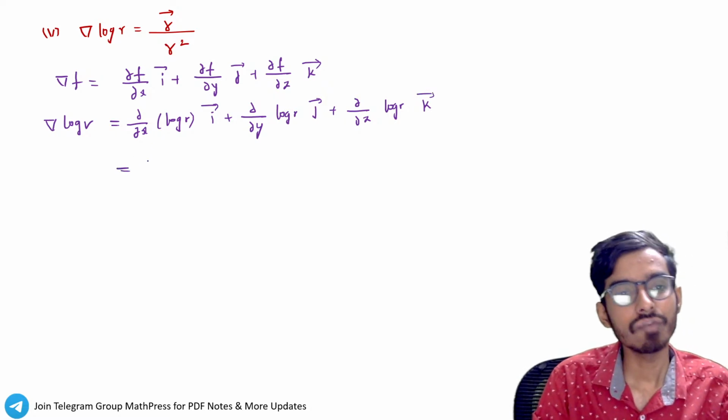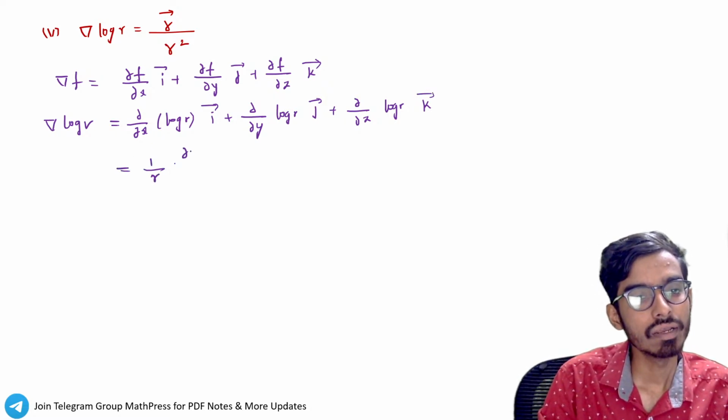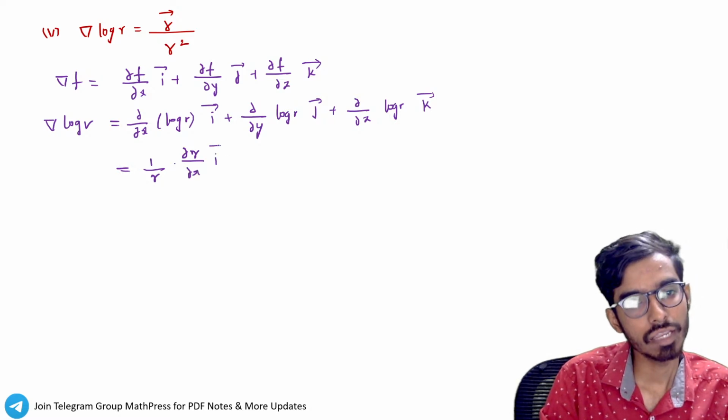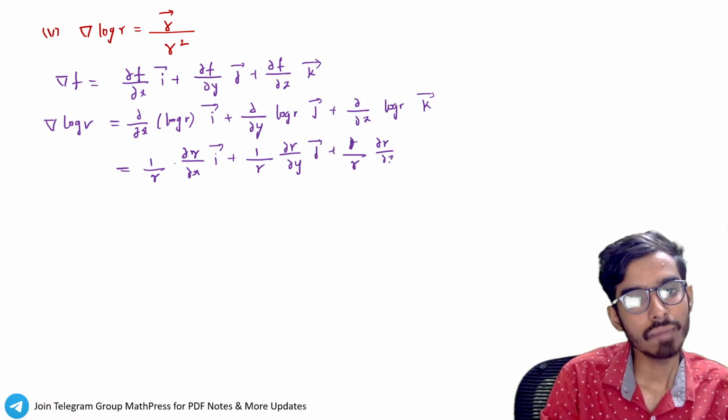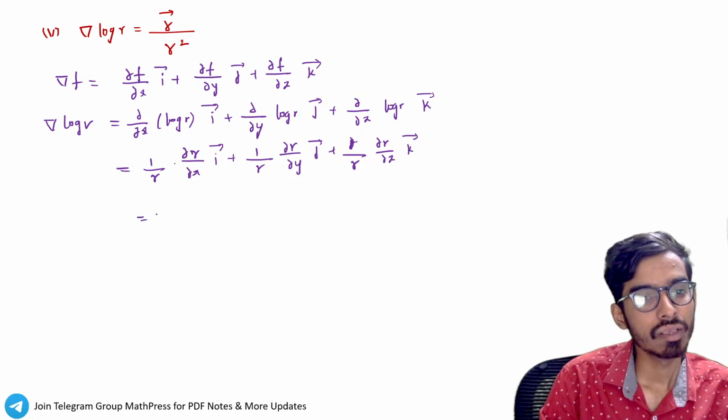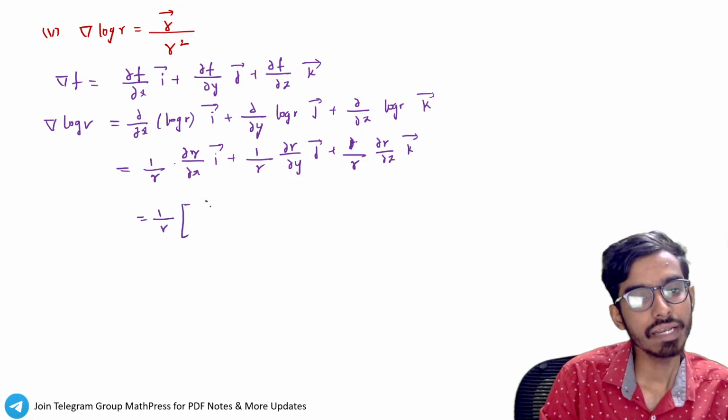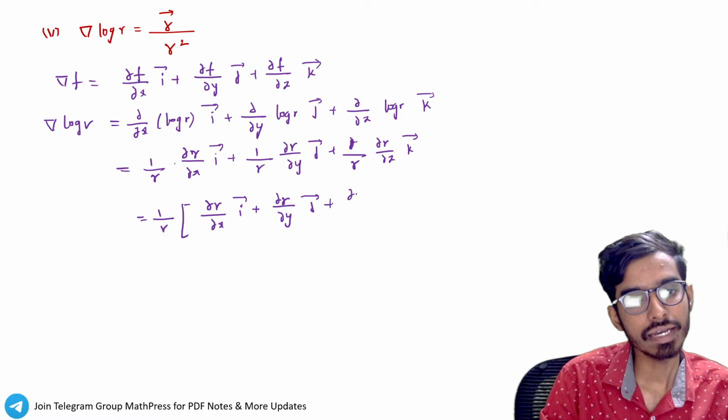So what is the derivative of log R? It is 1 by R into dou R by dou x into i vector, 1 by R dou R by dou y into j vector, 1 by R dou R by dou z into k vector. So if I take this 1 by R outside, we will be having dou R by dou x i vector, dou R by dou y j vector, dou R by dou z k vector.